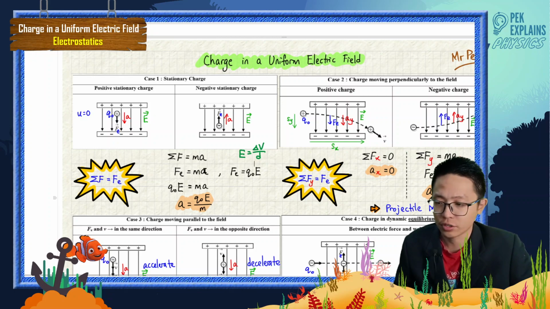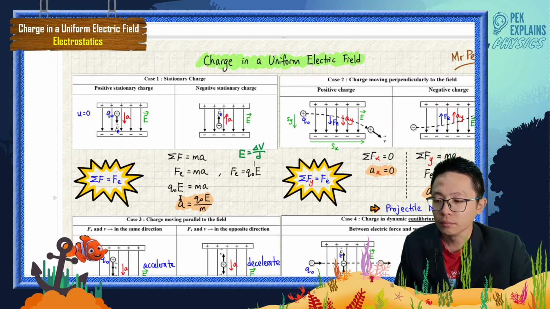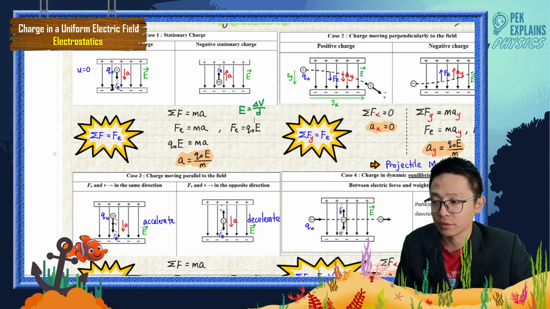To find the acceleration, we substitute the formula F equal to QE, QE equal to ma, because the only force acting on the charge is the electric force. So the acceleration of the test charge equal to Q naught E over m, the mass of the test charge.